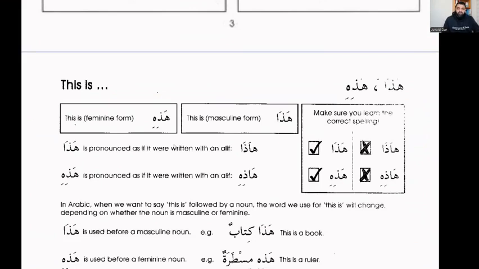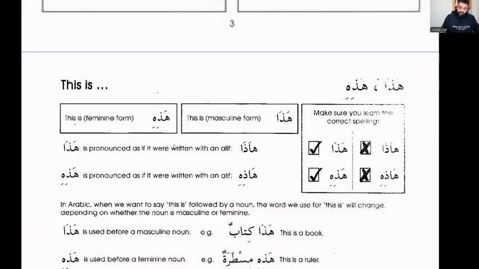When we describe those words, we need to use the right gender word. Everything has to match when it comes to gender. If something is masculine, you have to use a masculine word to describe it. Otherwise, it won't make sense.